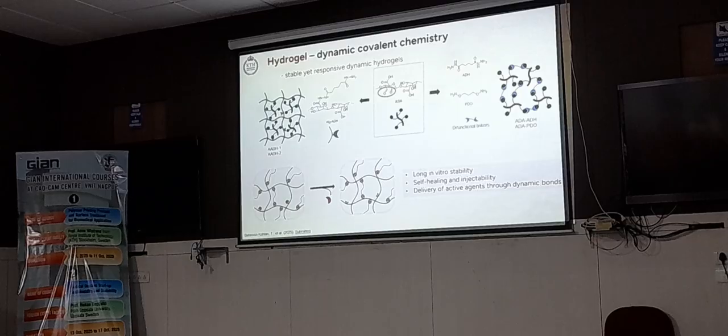So we functionalized it, we added aldehyde groups. We also, in this system, added arginine, which can also be attached to the hydrogel through the same links. I won't show you any results of that, but it was to see how a drug can be released and diffused through this system as well.